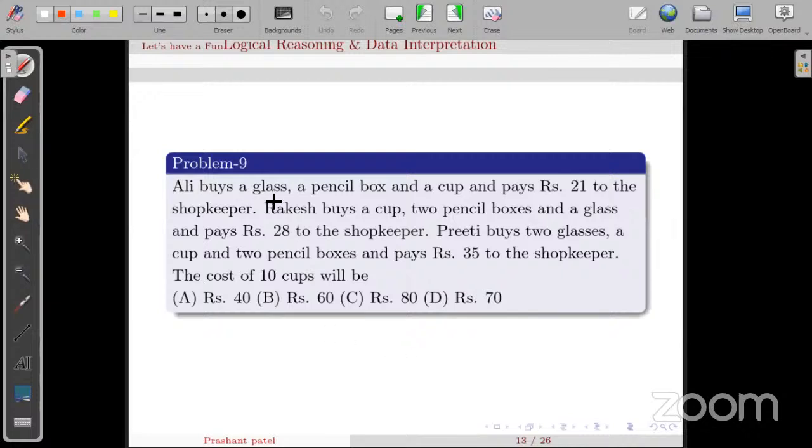Only buy a glass, one glass, one pencil, and one cup, and pay 21 rupees. So how do we represent this statement? How can you write the first statement in mathematical terms? Can somebody unmute and tell?